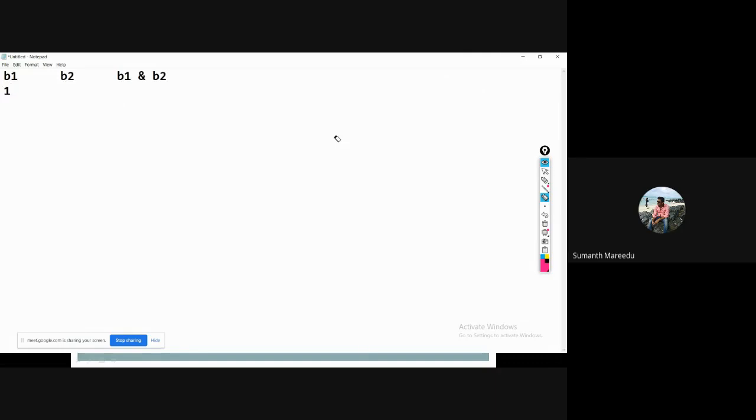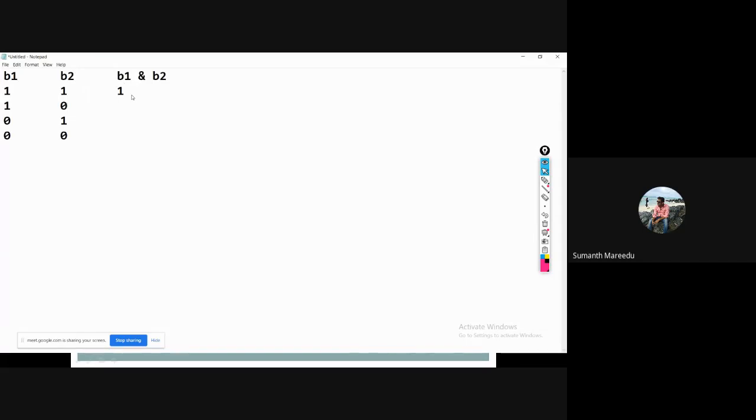Different combinations I am taking: 1 1, 1 0, 0 1, and both zeros. The AND operation results in 1 only if both the bits are 1.